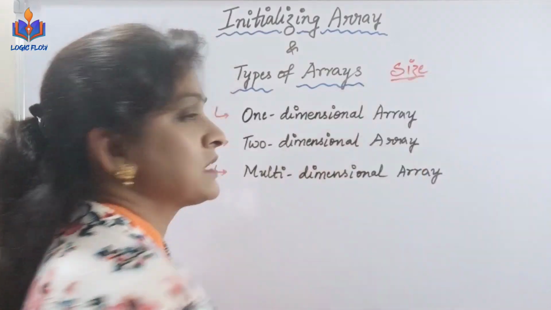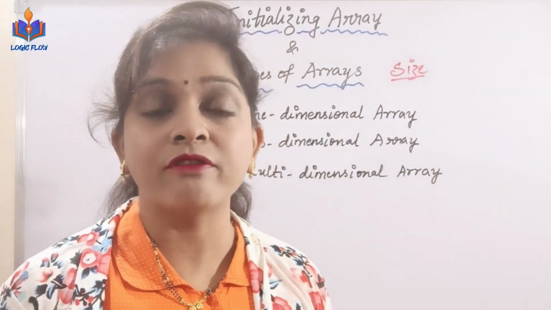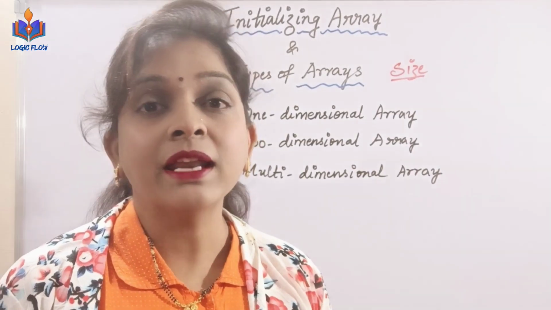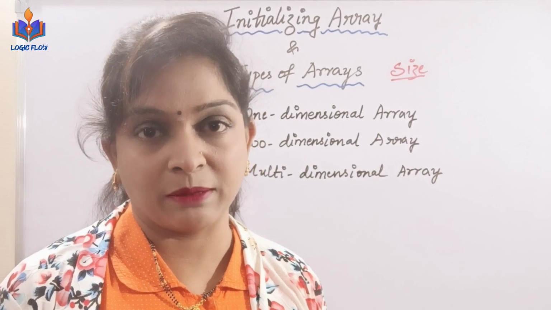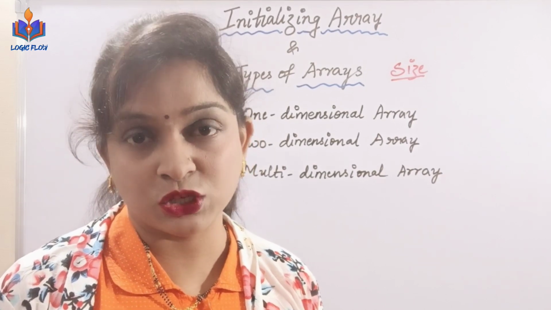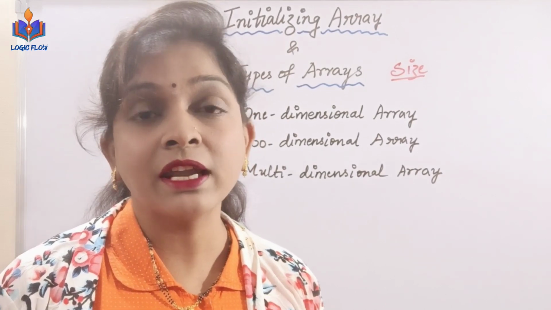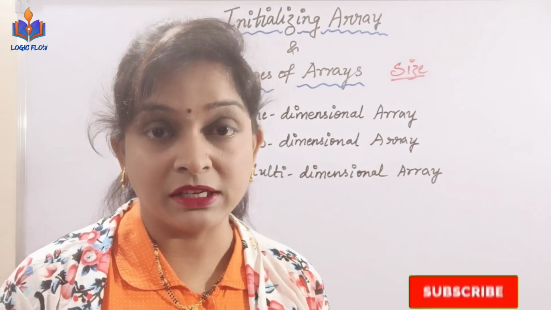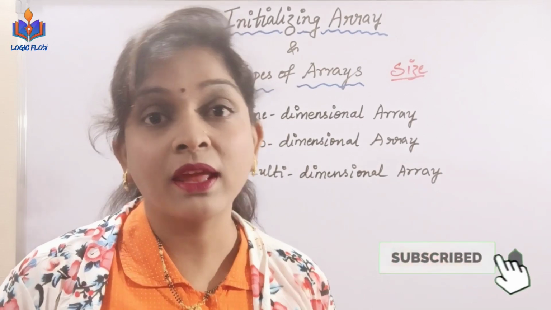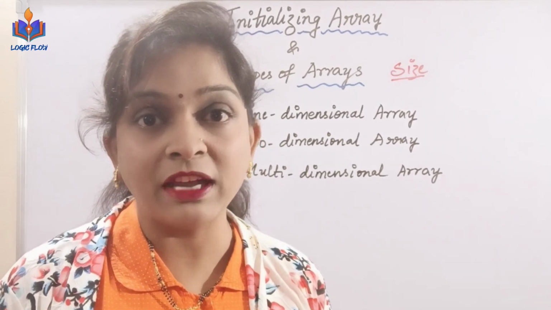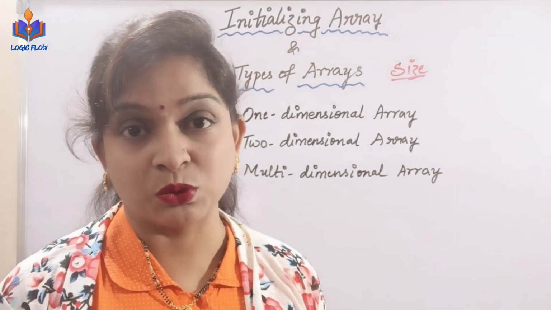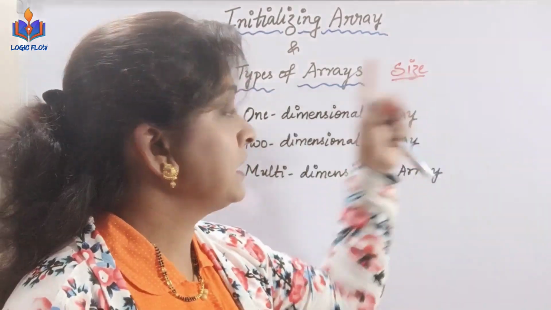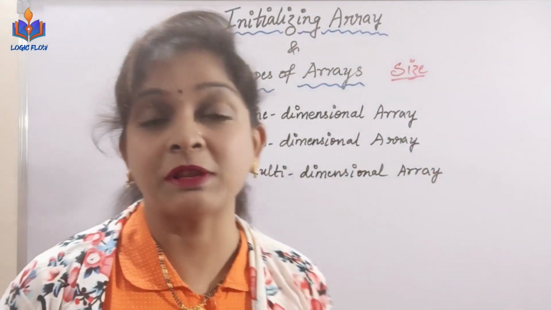As discussed in the previous video, an array is a block of memory that can store elements of similar type. So it is a homogeneous collection of elements. When I say it is collecting elements, meaning it is storing n number of elements, I need to mention how many elements it can store. That is what the size or the dimension specifies.